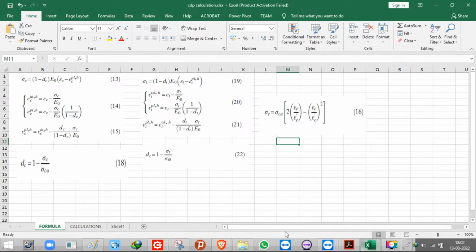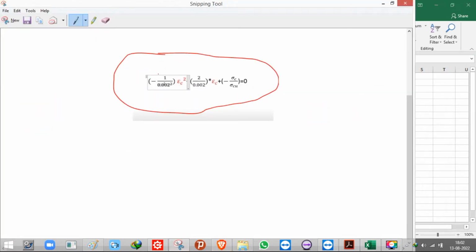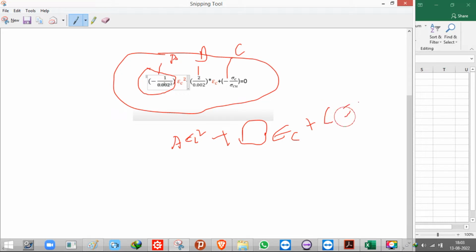So here, the data that we have, we will mark this part as A, this part as B, and this part as C. So the equation becomes A epsilon C square plus B epsilon C plus C equal to 0.